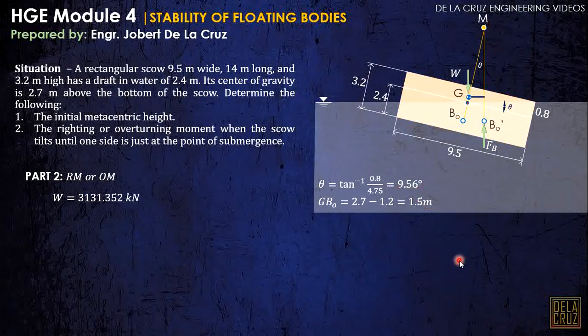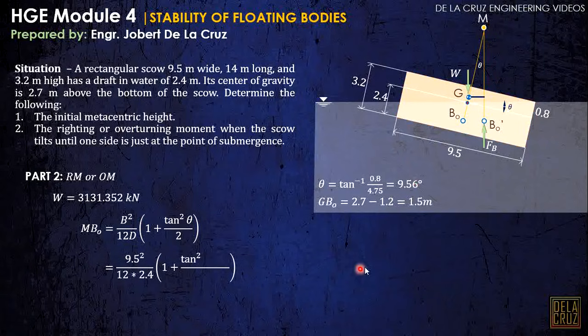And we have these values. No? Then, calculate natin yung MBO in order for us to calculate the MG mamaya. Okay? We will use this formula because may angle of tilting na tayo. Okay, substitute lang. The same kanina but may angle na tayo dito. That is 3.178 meters.